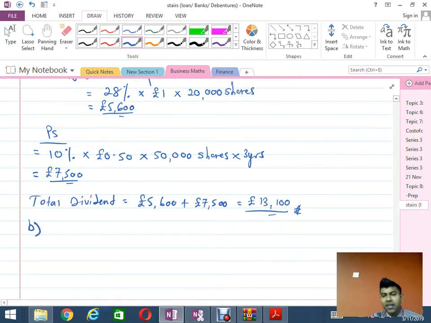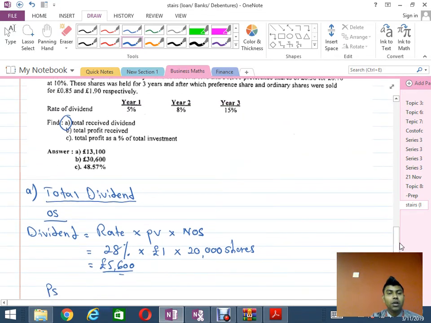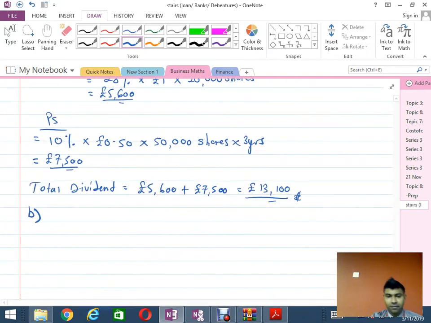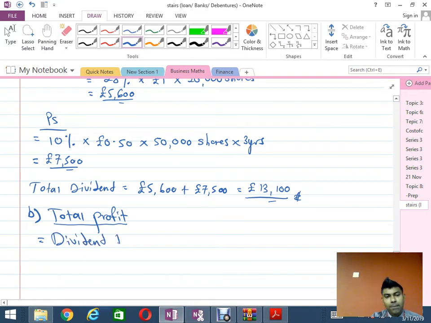B is a problem, something new. Look at that. Total profit received. They want total profit. Class, what's the formula for total profit? Dividend plus profit from the sales of shares.